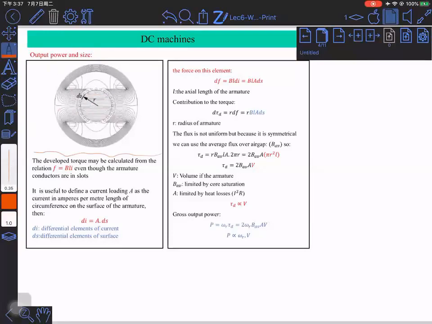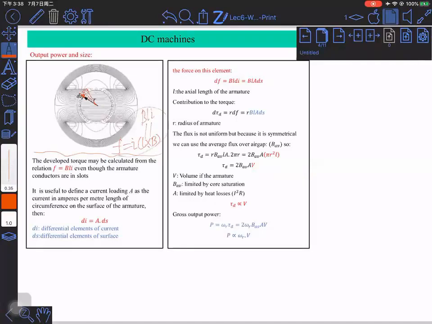Well, in the air gap, what we have is that the flux is always radially distributed. If you look at those flux lines and expand them, all the flux lines in the air gap can go through the center of the rotor, or we say the armature. So this is helpful for us to figure out the developed force, because if you look at a conductor here, the force of the conductor is supposed to be the current times L cross product B. But because B is always perpendicular to L, what we have is just a simple product, BLI.